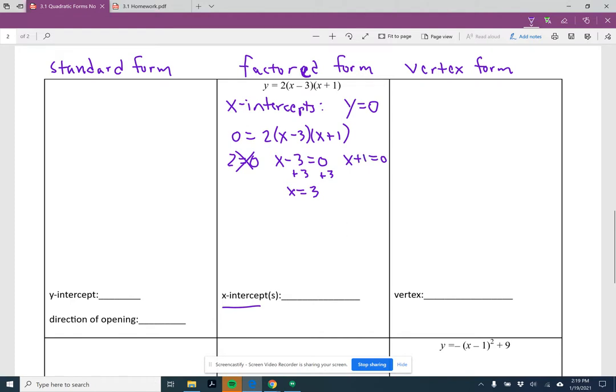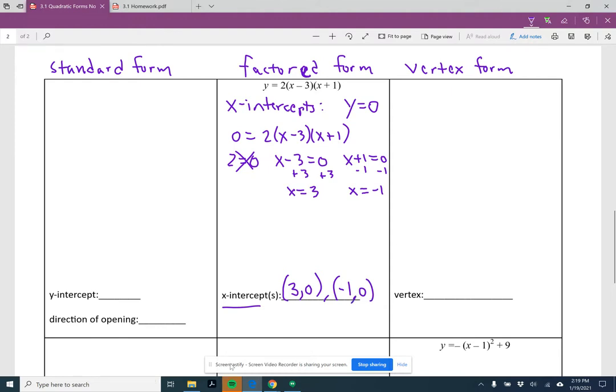That product's going to be 0. If x is negative 1, we'll have 2 times negative 4 times 0, which is 0. 0 times anything is 0. So for our x-intercepts, we have (3, 0) and (negative 1, 0).